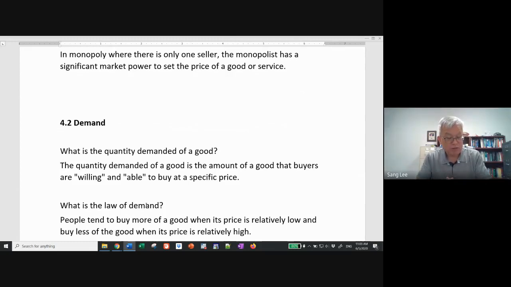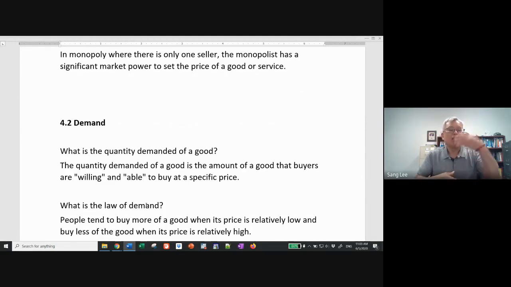So first, what is the quantity demanded of a good? The quantity demanded of a good is the amount of a good that buyers are willing and able to buy at a specific price.